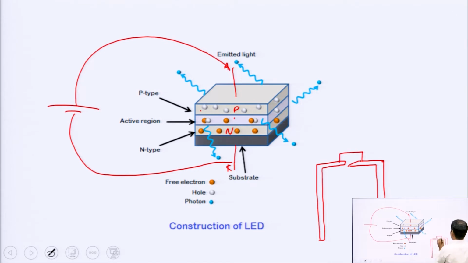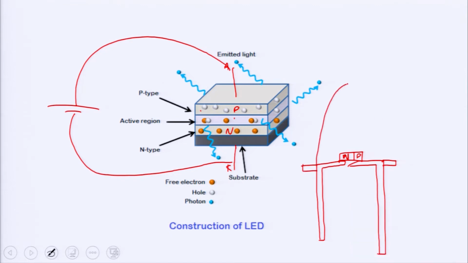This structure is kept here. Okay guys, this is N type and this is P type, and this whole structure is kept in the glass envelope, and this is the active layer. This is the dome structure of the LED.